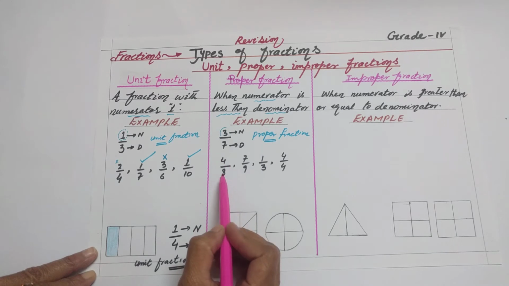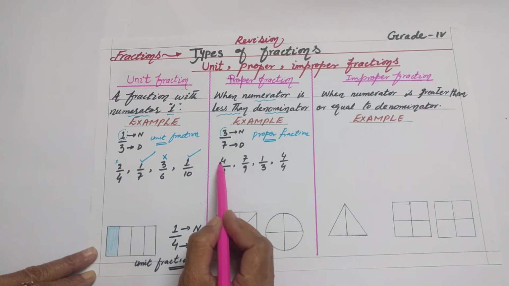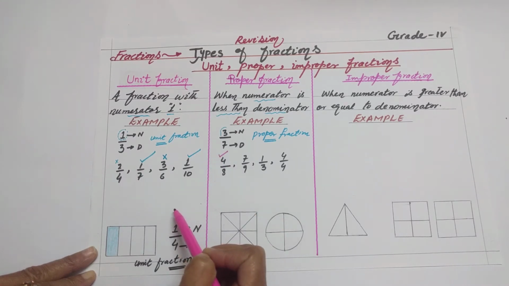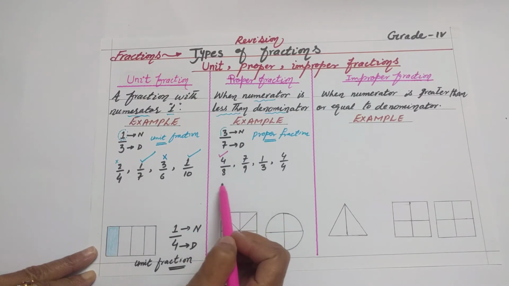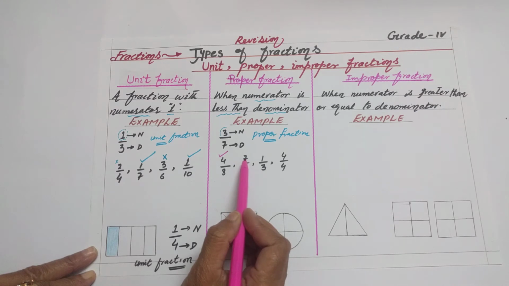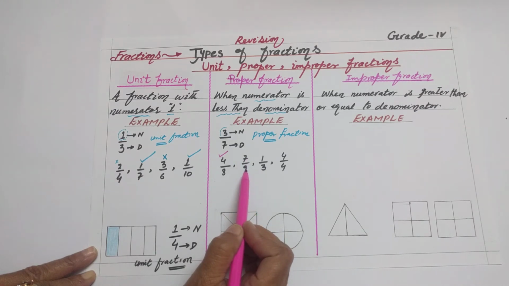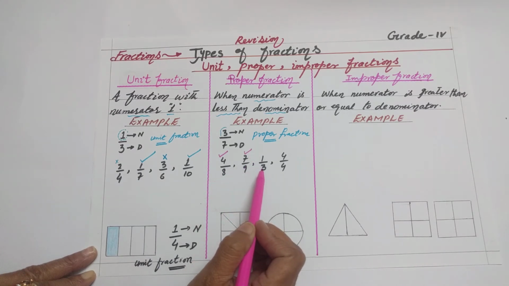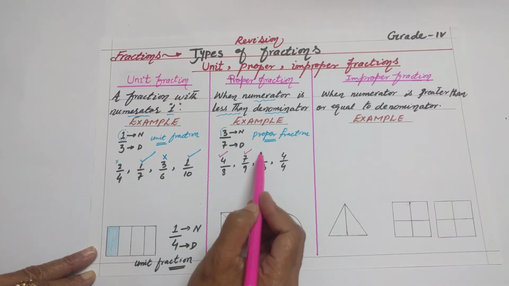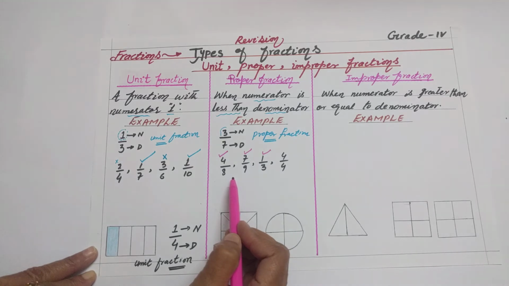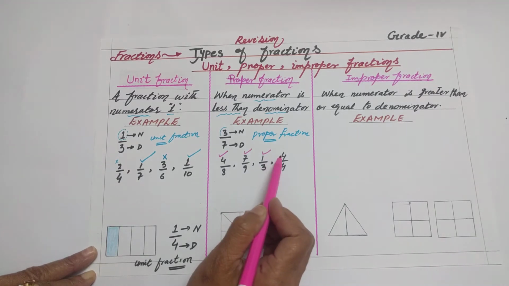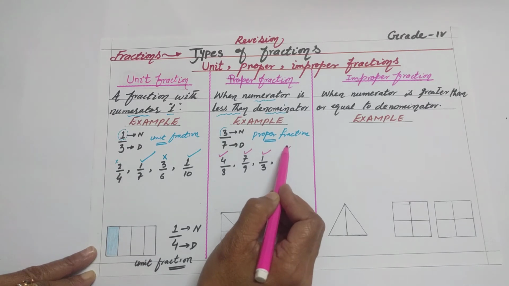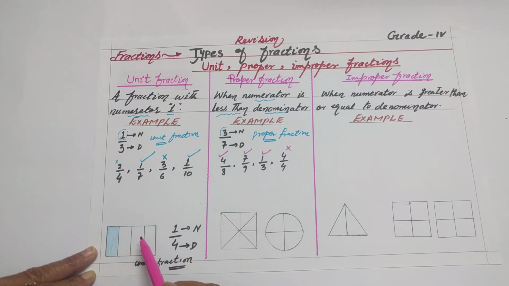Here the numerator is 4, the denominator is 8. As 4 is less than 8, this is a proper fraction. 7 by 9. 7 is less than 9, so this is a proper fraction. 1 by 3. 1 is less than 3, so 1 by 3 is a proper fraction. Here 4 by 4. Both are the same. It means this is not a proper fraction.